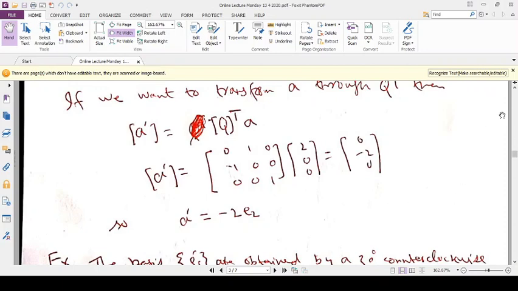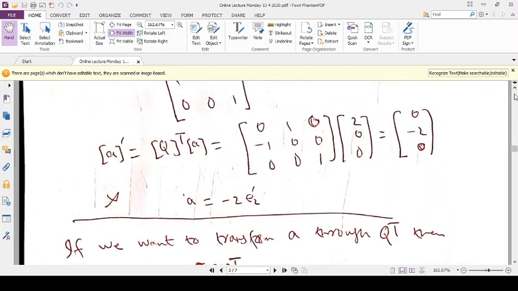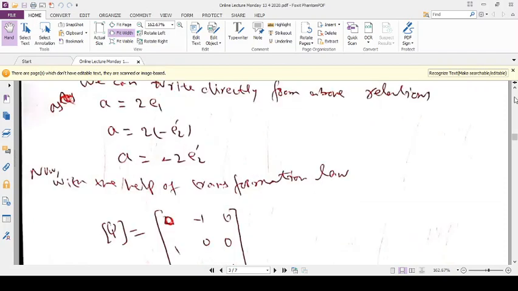There is a simple difference. You can see that in this example we are asked to find components of vector A with respect to basis Ei dash.